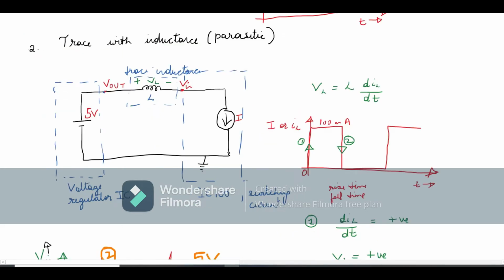However, if we consider a real PCB, the trace between the Vout pin of the voltage regulator IC and the VIN pin of IC100 has parasitic inductance. This parasitic inductance increases with the length of the trace. Longer the trace, higher is the parasitic inductance, and shorter the trace, lesser is the parasitic inductance.